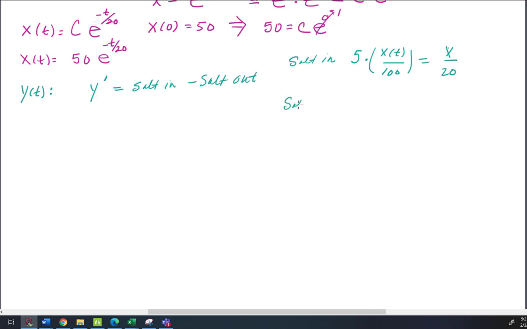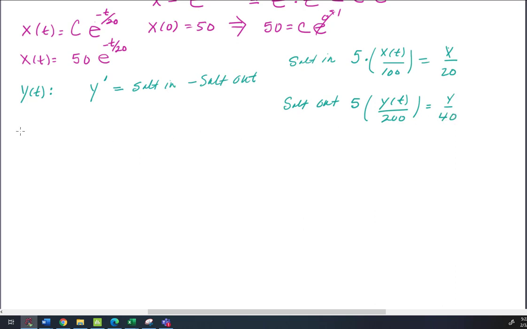Now what about salt out? Well, salt out, it's coming out at 5 gallons per minute, and the concentration would be however much salt is in tank 2 divided by the volume of tank 2, which would be 200, so this would be y over 40.